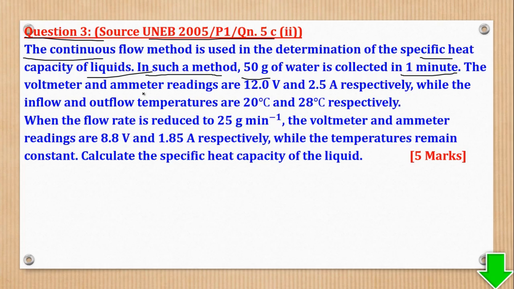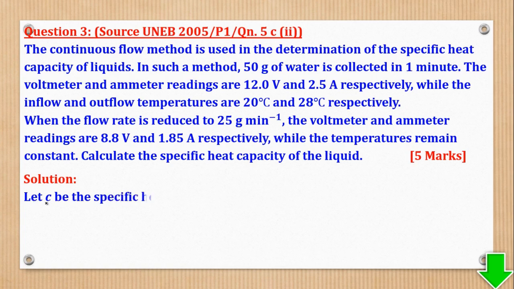The voltmeter and ammeter readings are this and this respectively, while the inflow and outflow temperatures are this and this respectively. That is one set. Second set says when the flow rate is reduced to this, the voltmeter and ammeter readings are this and this respectively, while the temperatures remain constant. So this is the condition for the continuous flow method. Temperatures have to remain constant. Calculate the specific heat capacity of the liquid.